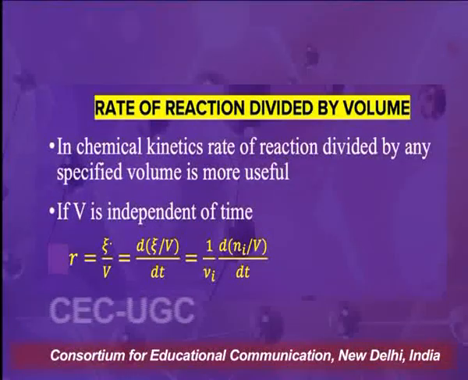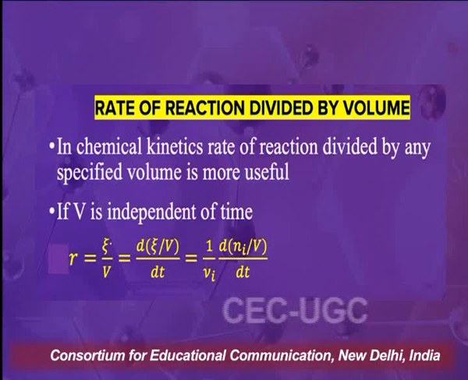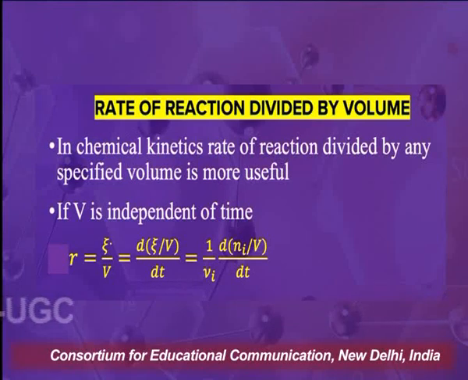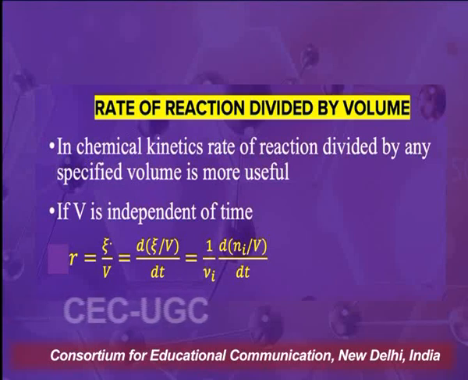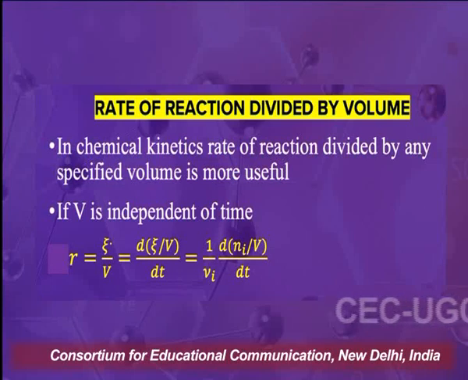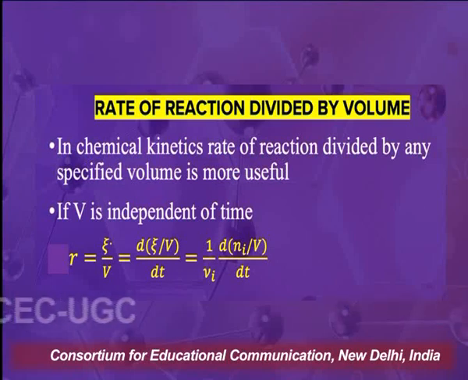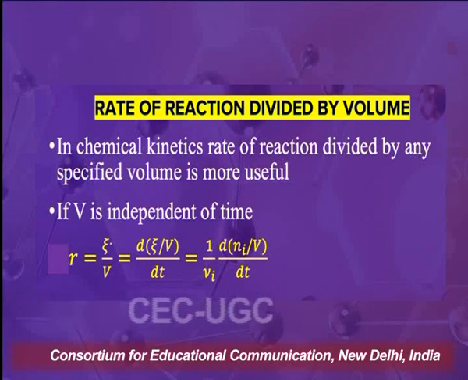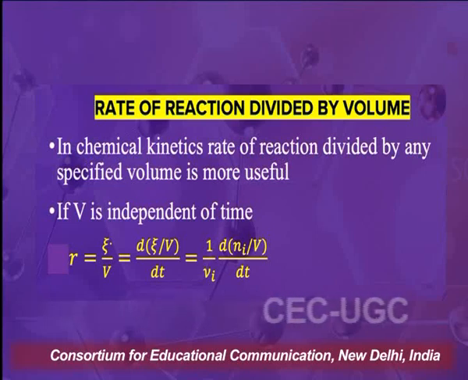In chemical kinetics, the rate of reaction divided by any specified volume is more useful. If V is independent of time and we divide by volume, the rate becomes ξ̇/V = dξ/(V dt) = 1/νi dNi/(V dt).